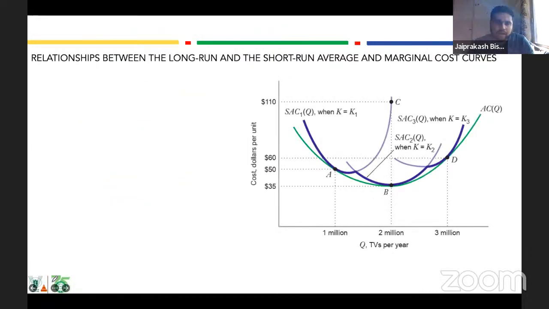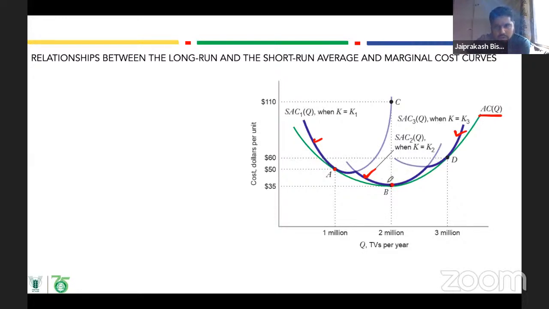In long run, again, your average cost curve is envelope curve. You see here in this picture, these blue color curves are your short run average cost curves, and this green curve is your long run average cost curve. Okay, so it is touching all these short run cost curves at their tangent.